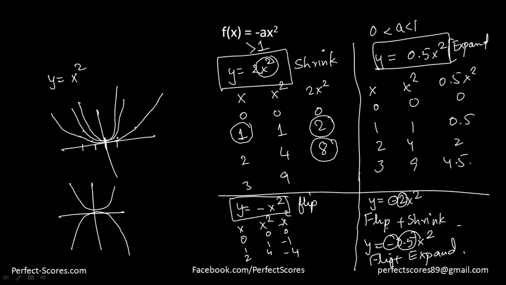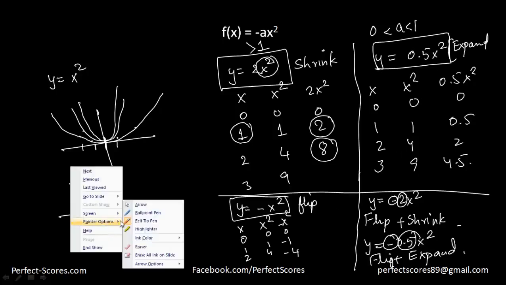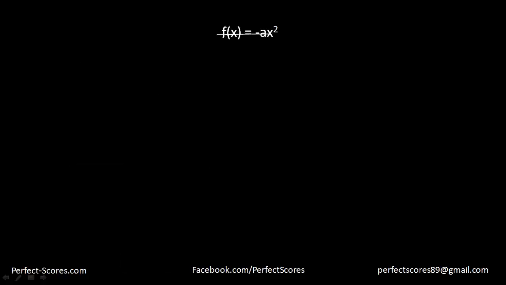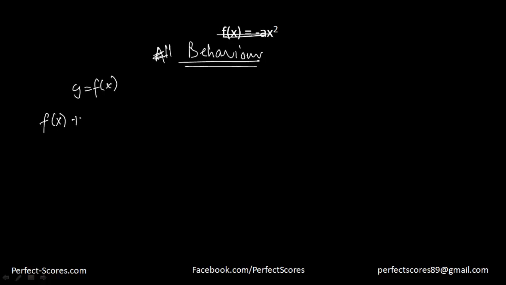Suppose you're understanding all this, what I've done here, guys. Pretty easy stuff, but you have to note all this down. I'm going to put it in terms of points, all the behavior of the graph. So I would like to call it how the graph behaves. If y is equal to f(x), and I say f(x) + a, then the graph goes up by a units.